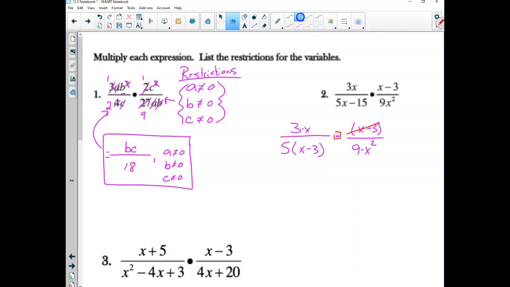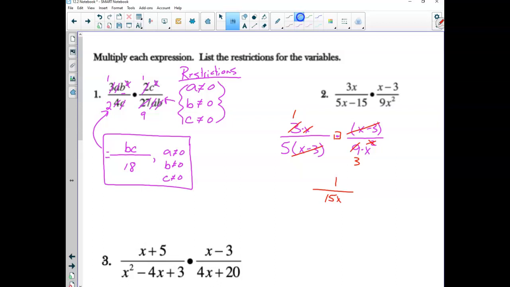So the x - 3 cancels, the x - 3 cancels, one of the x's goes away to 1, you make that 9 into 3. Check it out, there's only a 1 in the top. I get 1 over 5 times 3 times x in the bottom, so I should get a 15x left over there.